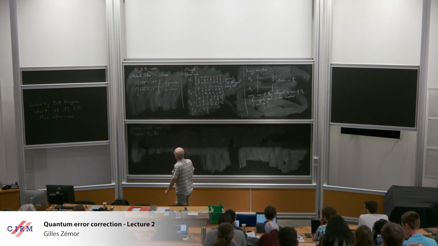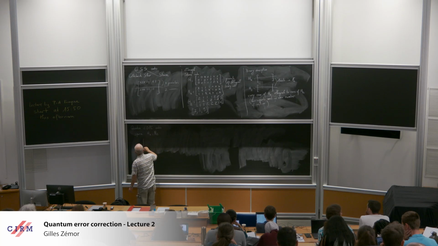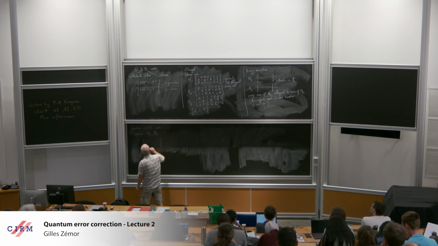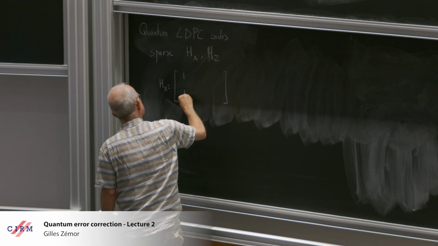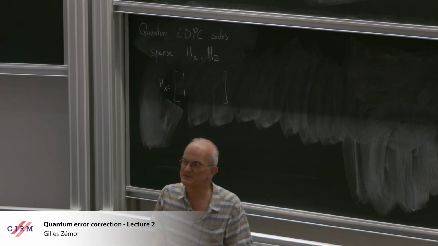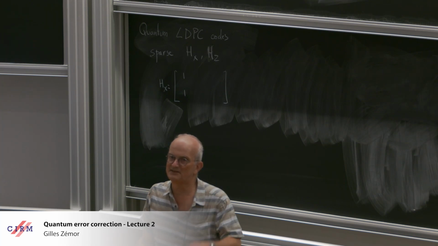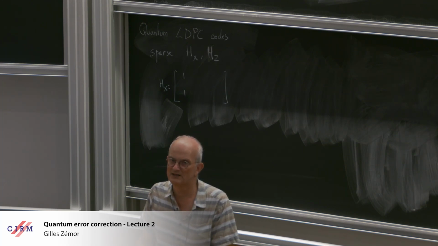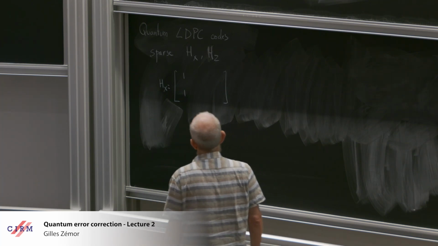So how do we do this? We could try to make them as sparse as possible. As sparse as possible basically means we will limit ourselves to 2 ones per column.